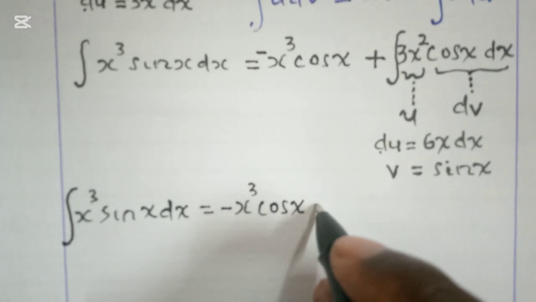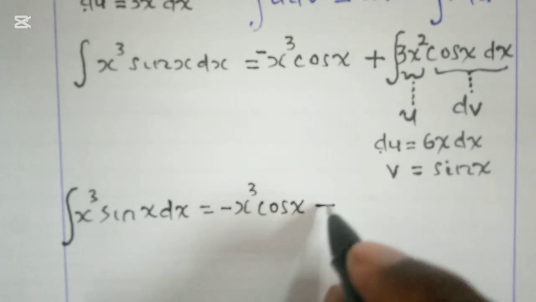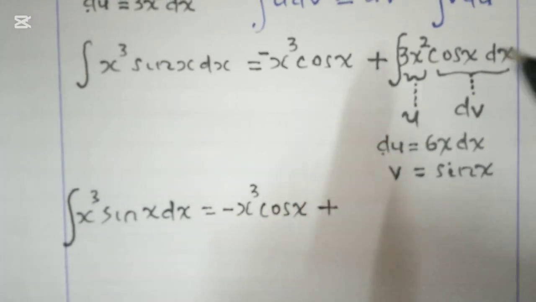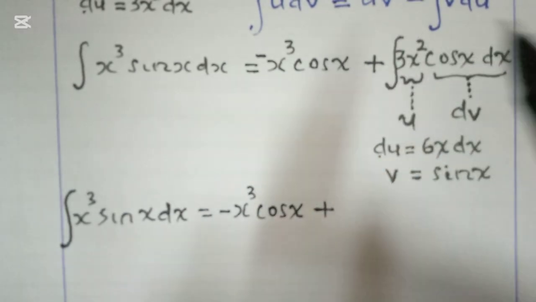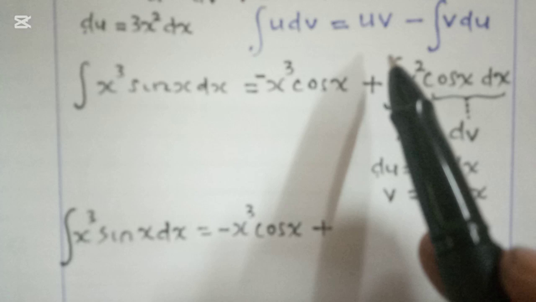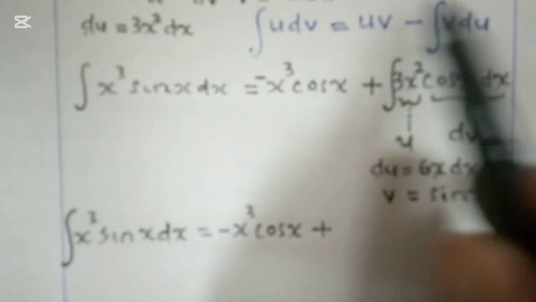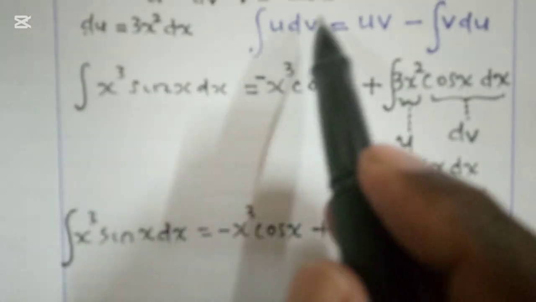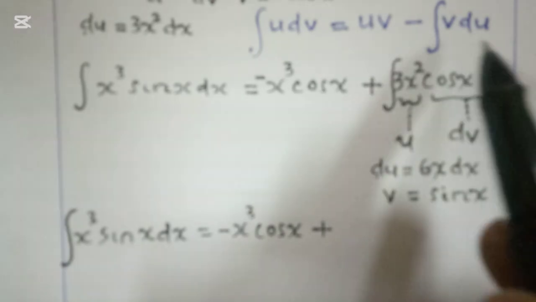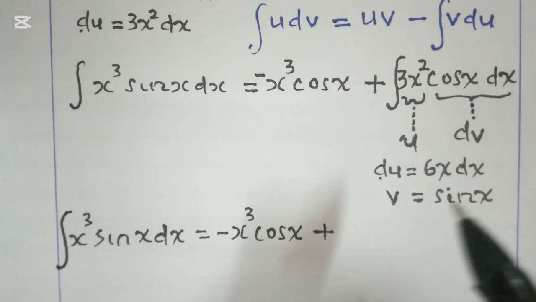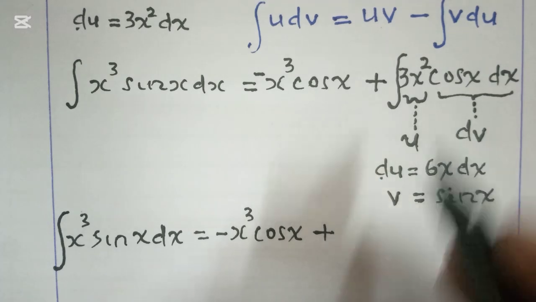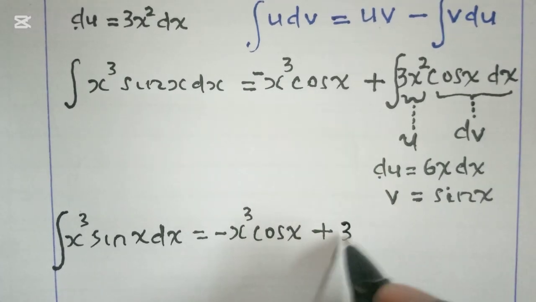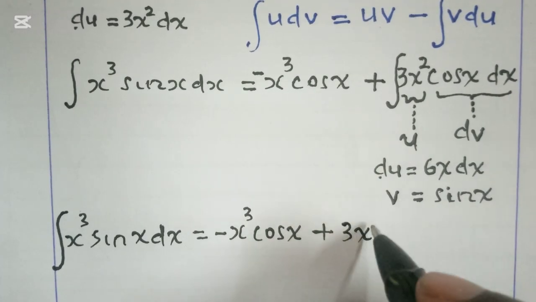Now guys, at this point, I don't need to repeat this again. What I need now to write is my u, my v, and then this. Because remember, this one equals this. So I'll come directly and write for u. u will be 3x squared.